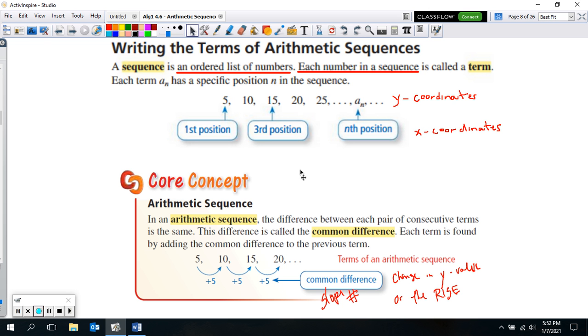And so you can see that's what's happening here. Your y values here are these numbers, the change in the y value over the change in x, which is just 1. Your change in y is 5 over 1. 5 over 1 is 5. That is your rise over run. Your rise is always going to be just these y coordinates because your position numbers are always going to go by 1s. All right, let's try a couple here as we get into our extra practice.